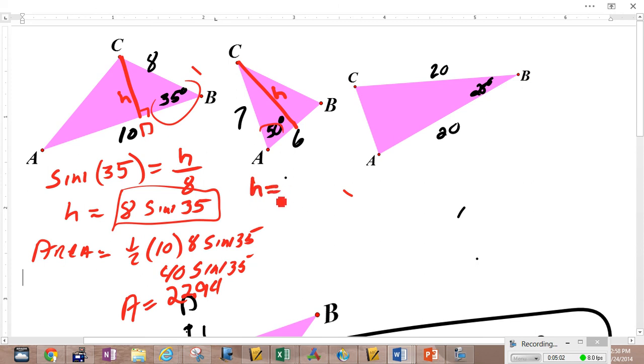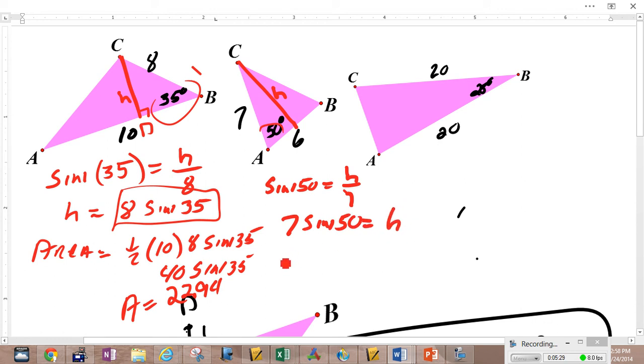So the height is now, well, first off, I use my sine ratio. My sine of 50 is the opposite, which is the height, over 7. So 7 times the sine of 50 is equal to my height.